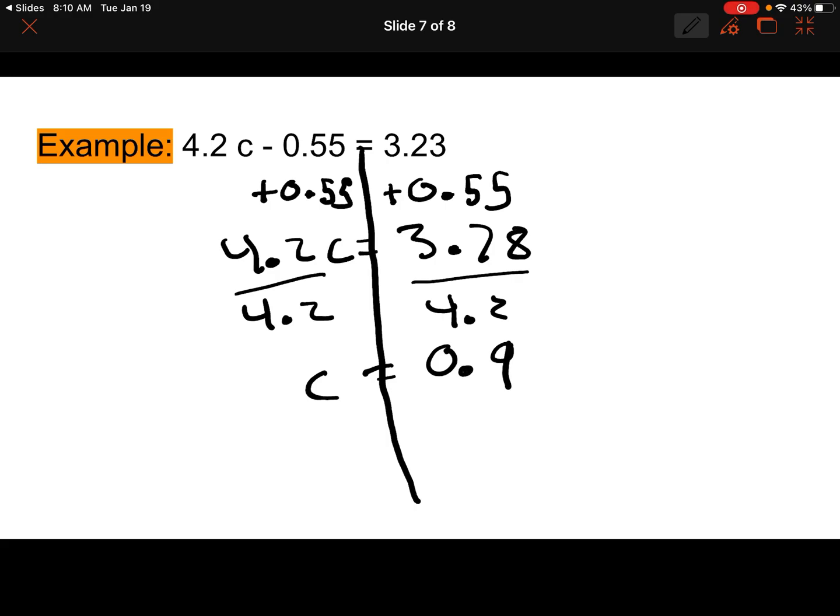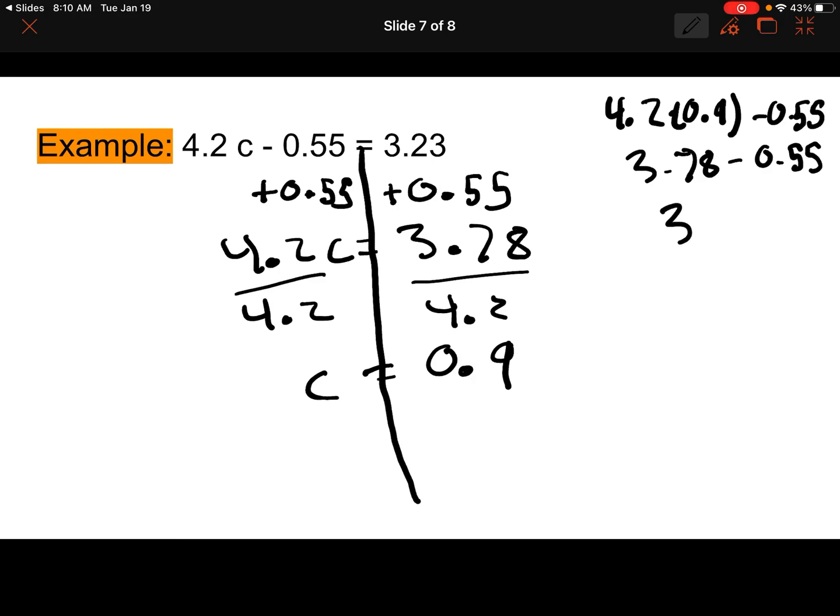Now we could double check on this one. 4.2 times 0.9 minus 0.55. 4.2 times 0.9 is equal to 3.78 minus 0.55. 3.78 minus 0.55 is indeed 3.23. So we do know this is correct here.